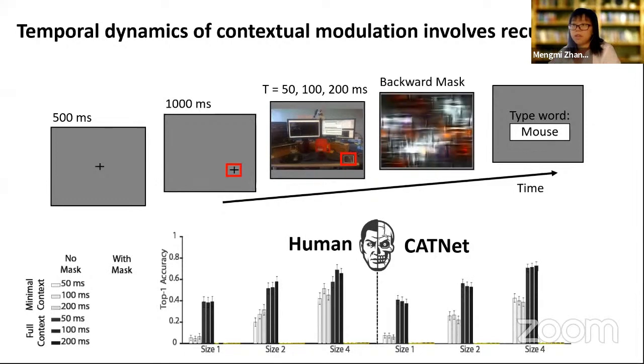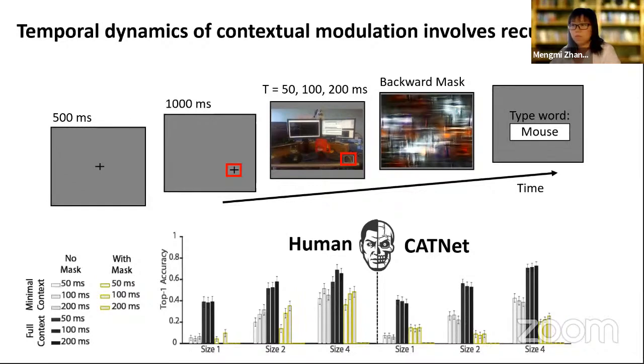Despite the short exposure time, additional computations such as top-down or recurrent connections could take effect after the stimulus onset. Here we use the backward masking technique to interrupt the computation. Backward masking did not change accuracy in the minimal context condition.